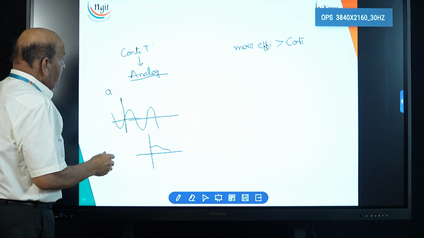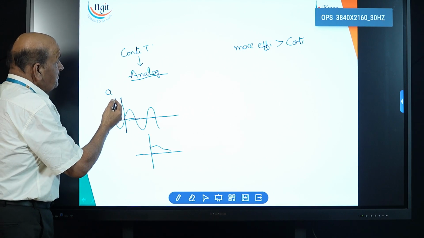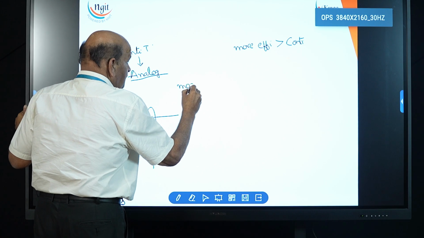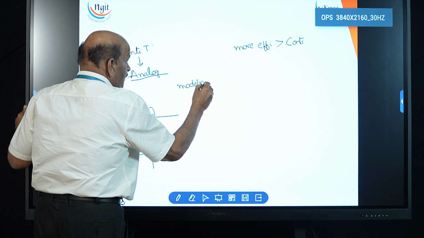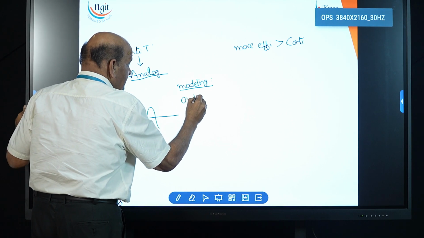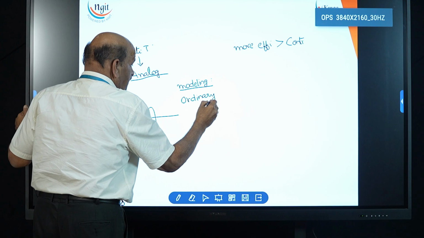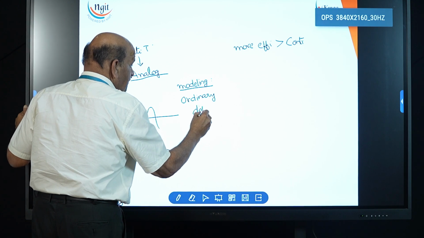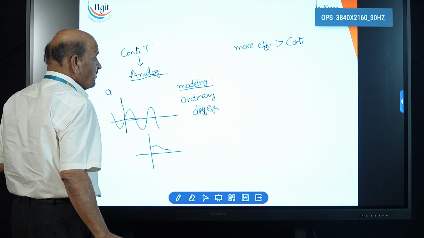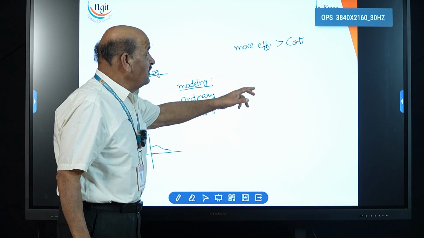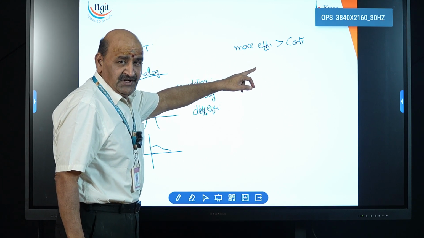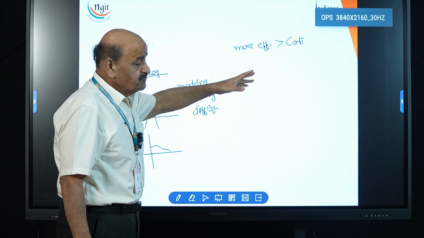Now, for modeling continuous time signals, we use ordinary differential equations. For modeling discrete signals, we use discrete transformations.